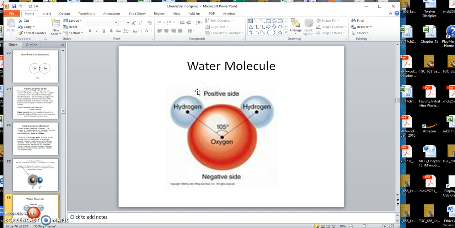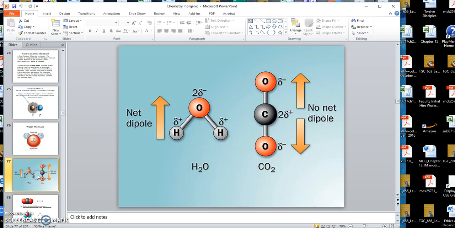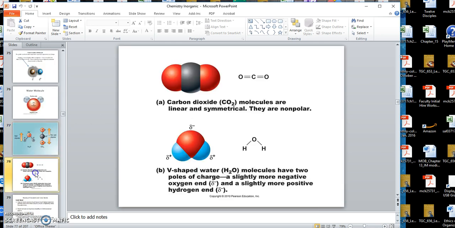So water is a polar covalent molecule. Here again is looking at it, and you have to do a lot of this on your own now. Here's carbon dioxide, showing the structure. These are what we call formulas here.